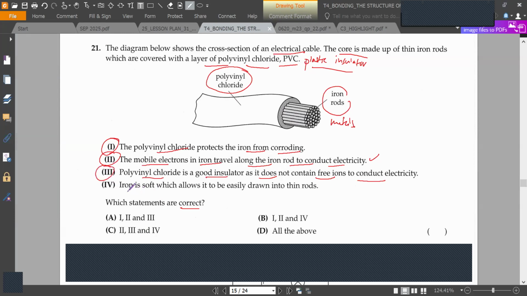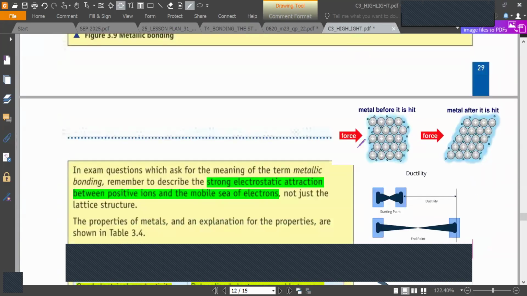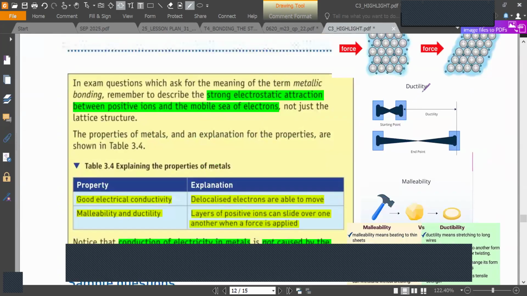Number 4: iron is soft, which allows it to be easily drawn into rods. What is the characteristic we're talking about? For it to be drawn into rods is ductility.